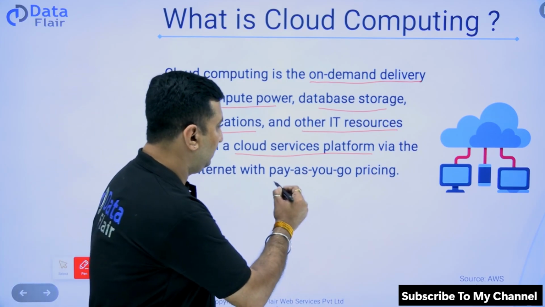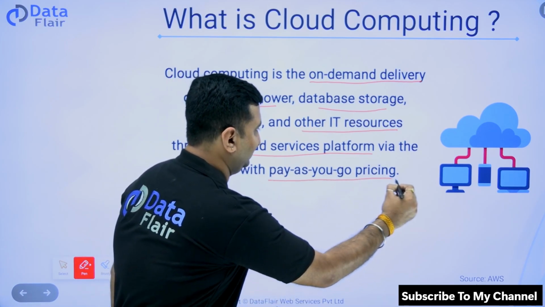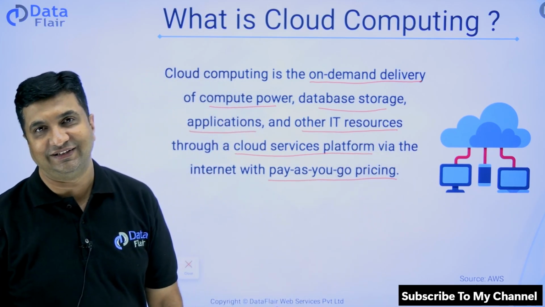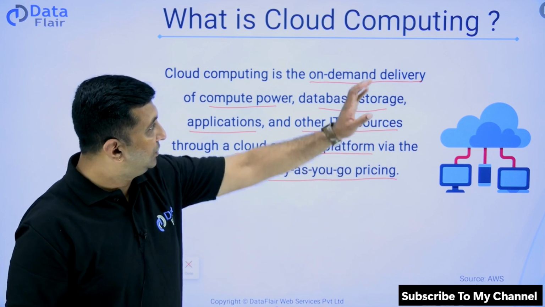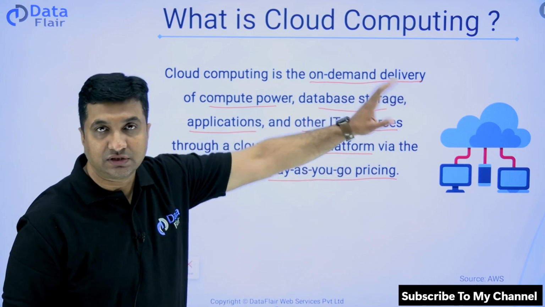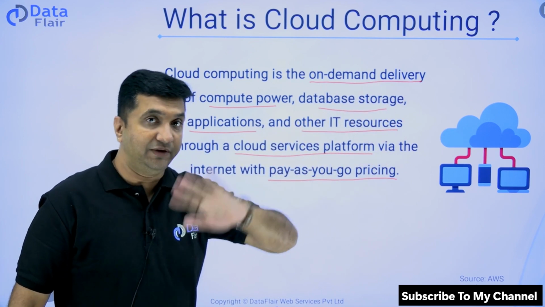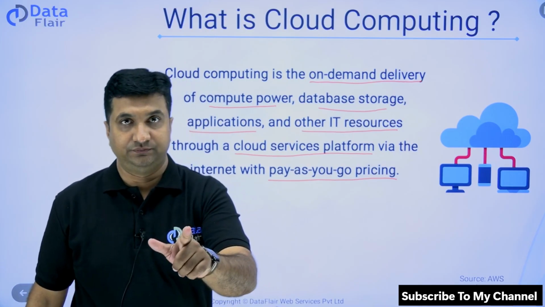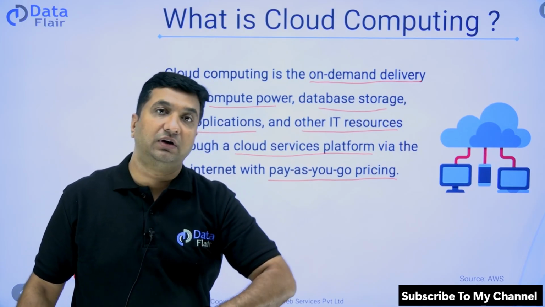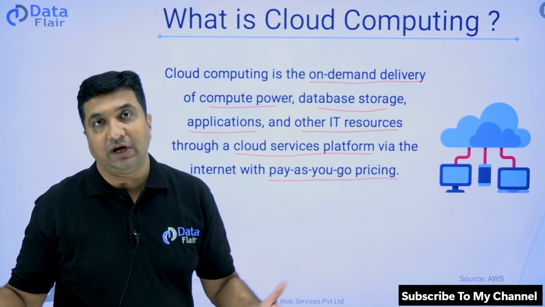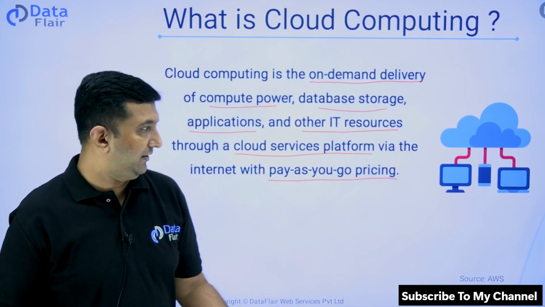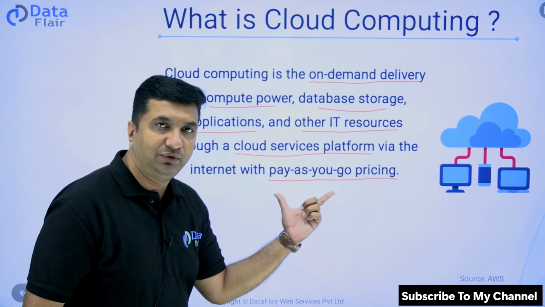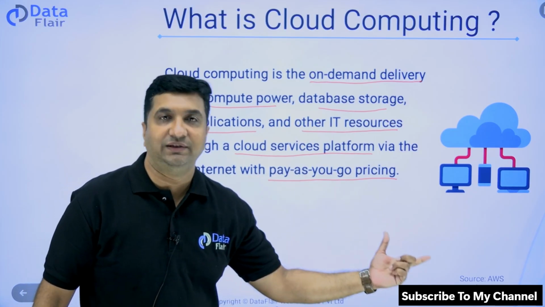And here is the main highlight of this definition, pay-as-you-go pricing. So you can just see that you are getting the IT resources on demand. That means whenever you need it, you get it. So why pay for all the time? It's not required, right? That is why cloud gives you pay-as-you-go pricing.